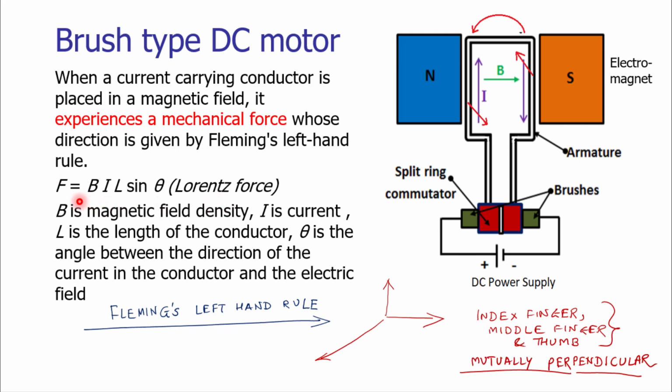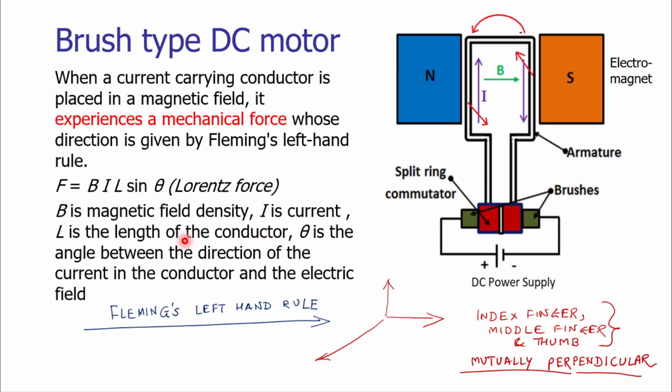The magnitude of the force is the product of the magnetic field density, the magnitude of the current, and the length of the conductor. So BIL would be further in product with the sine of the theta angle.